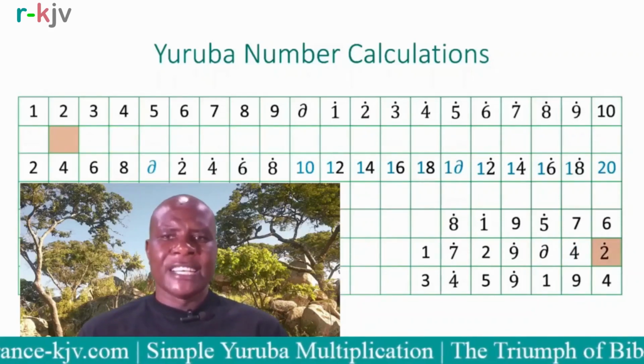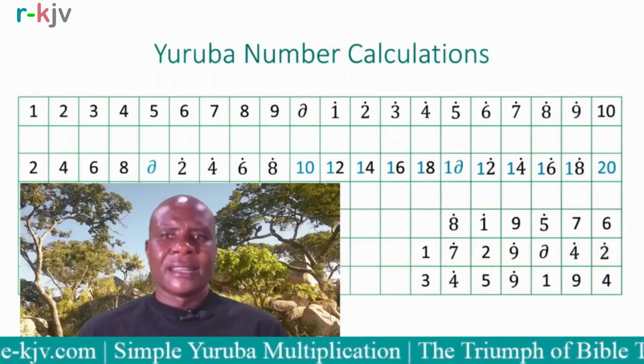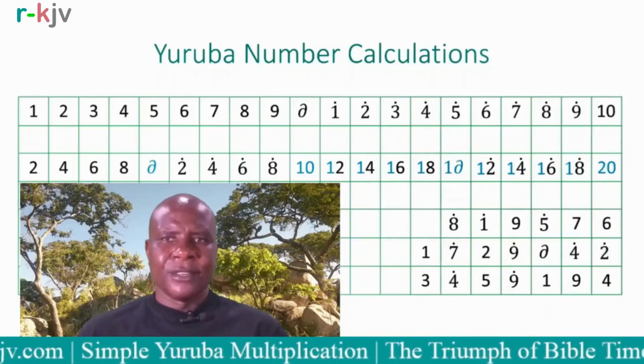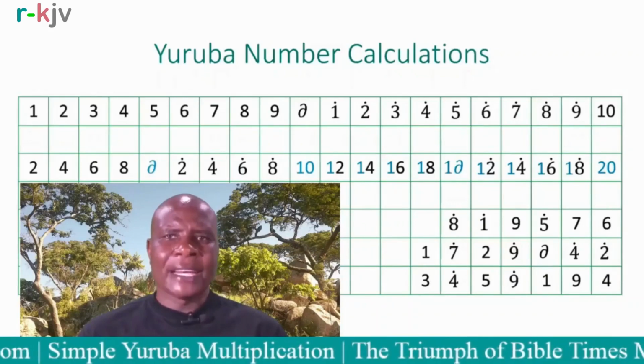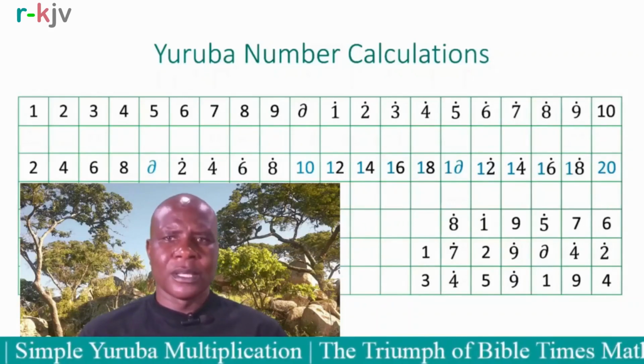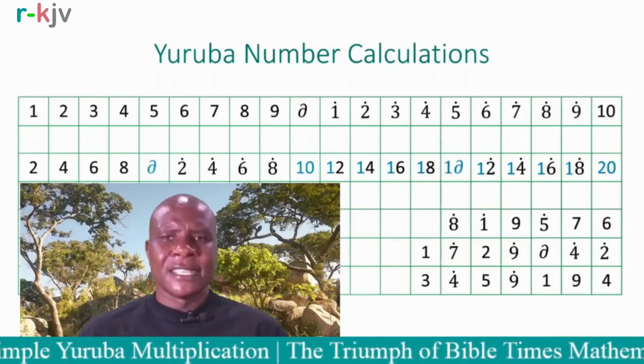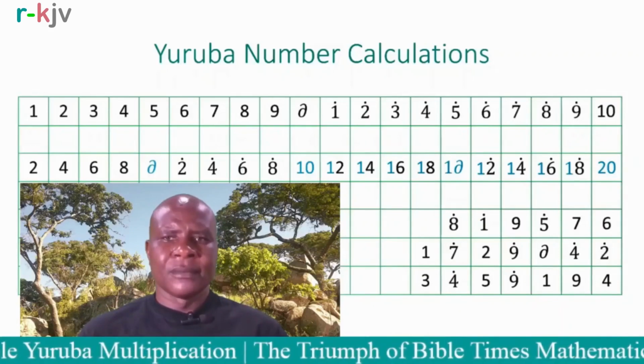The solution is 30, 14, 50, 19, 194. That is easy and swift.